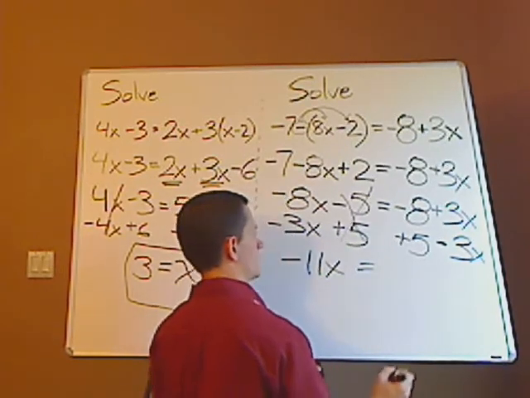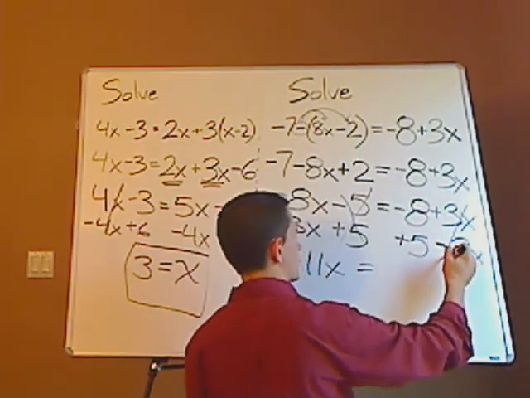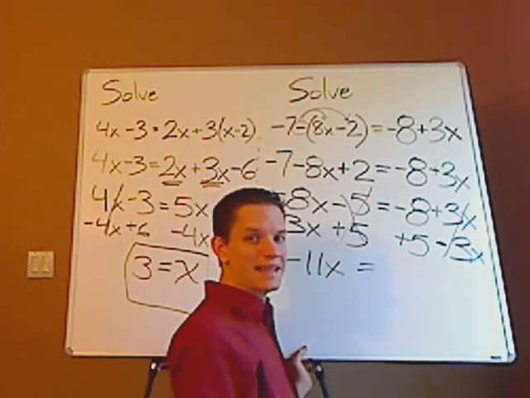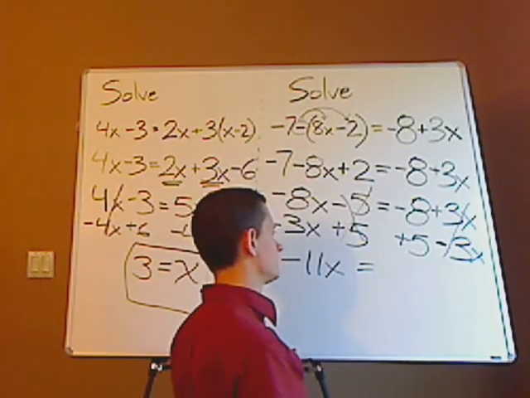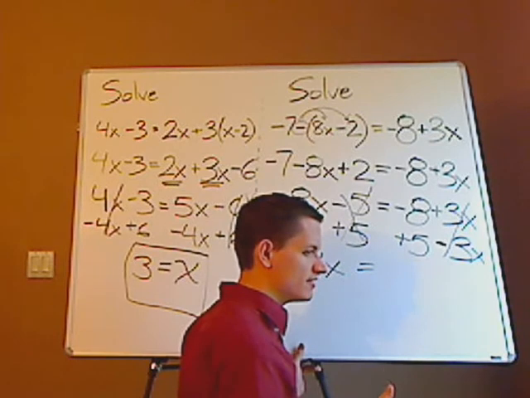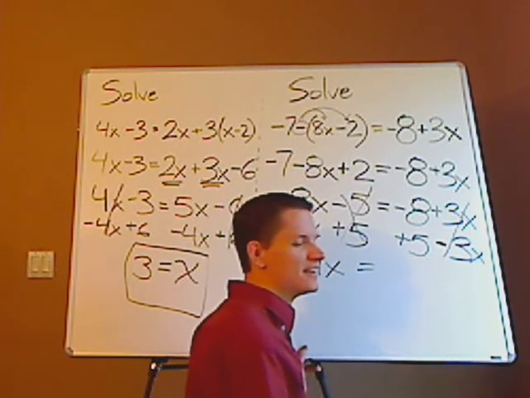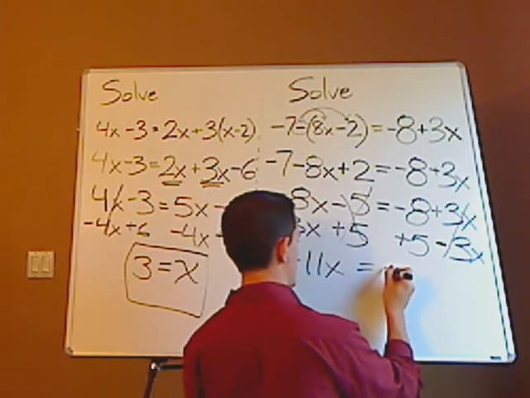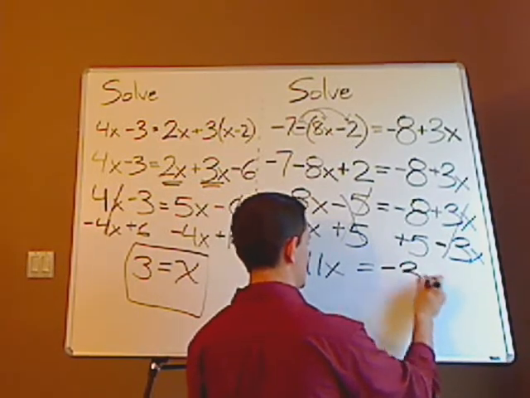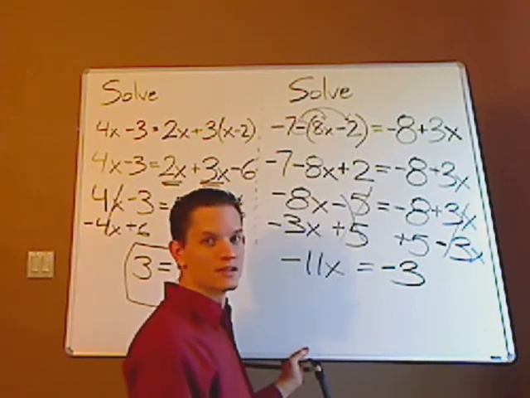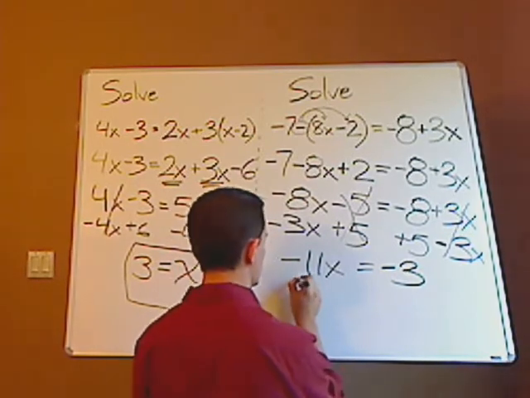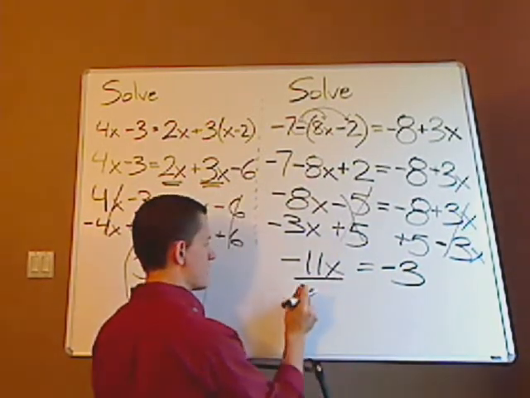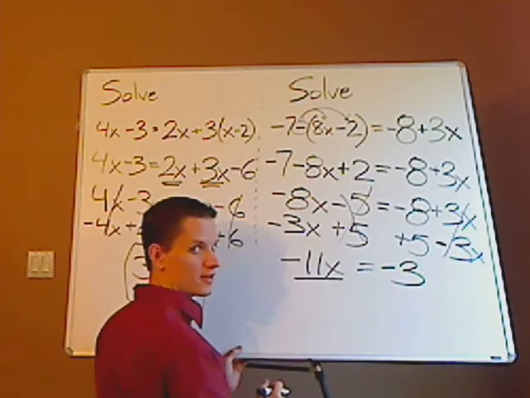equals. This cancels out. What's negative 8 plus 3? Oh, sorry. What's negative 8 plus 5? Right, it's negative 3. All right, and then you just simply solve for x. So you divide both sides by whatever number's in front of the x.